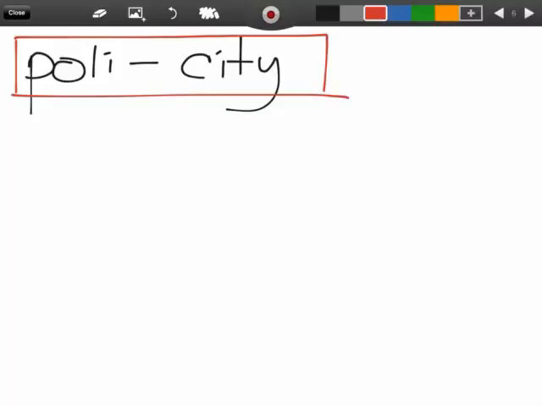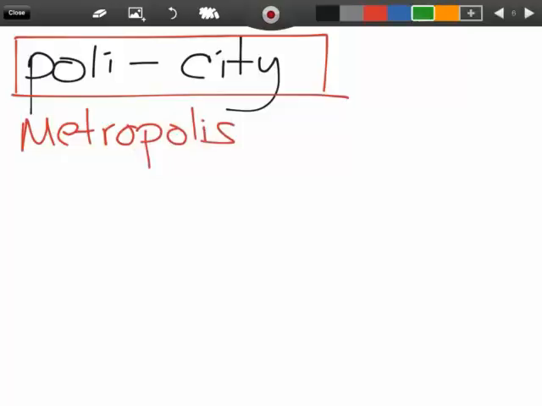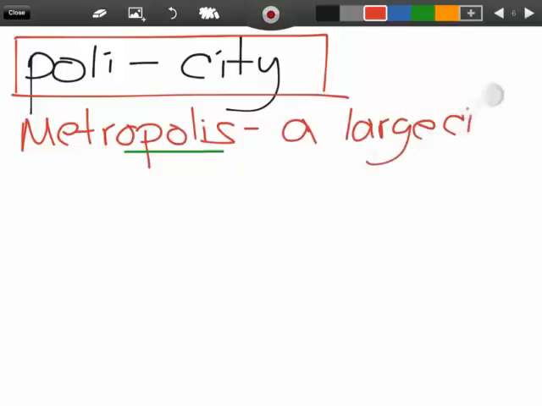Actually, I'm going to go ahead and give you two examples. One of them is going to be metropolis, and I will underline that root for you so you could see it. Poly. And metropolis means a large city.